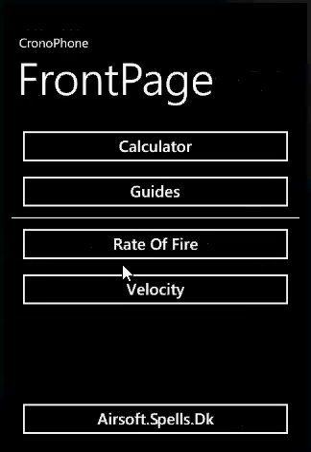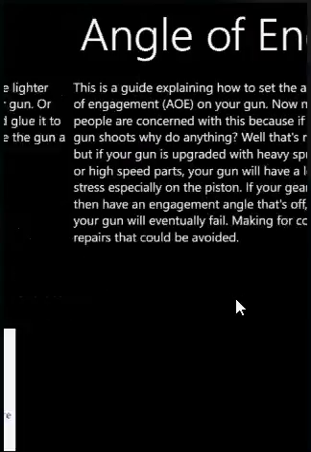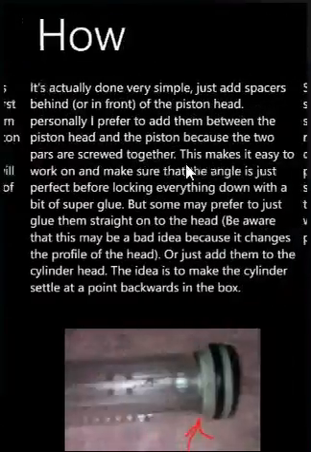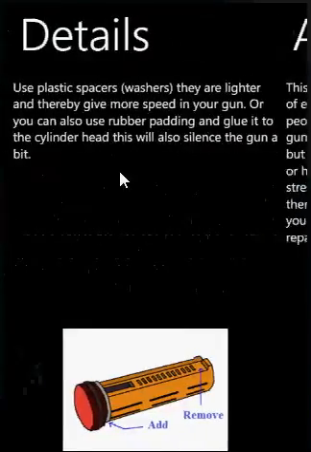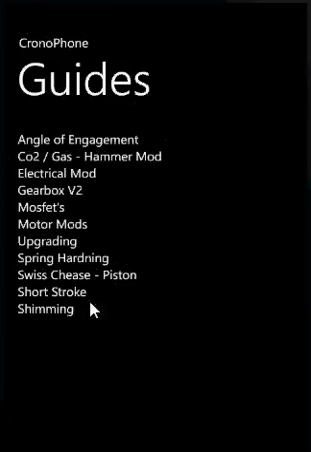Going back to the front page again, we also have a guides section. Here we have a collection of guides and descriptions that helps you modify and change stuff in your gun. For example, the angle of engagement guide tells you how to correct your angle of engagement, and there is a lot of other stuff.